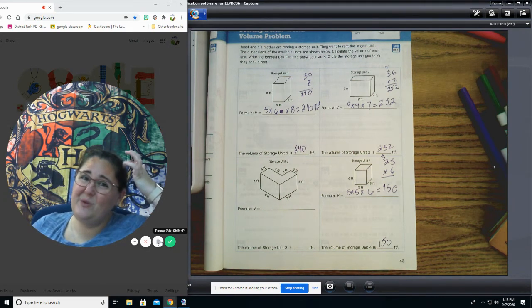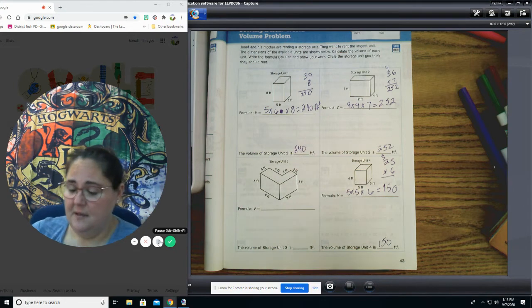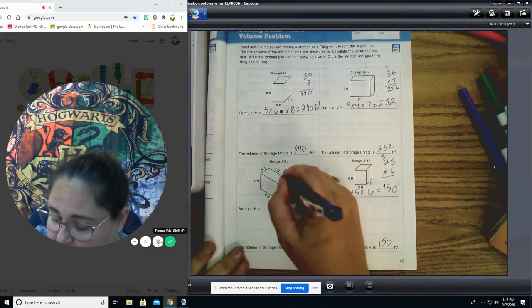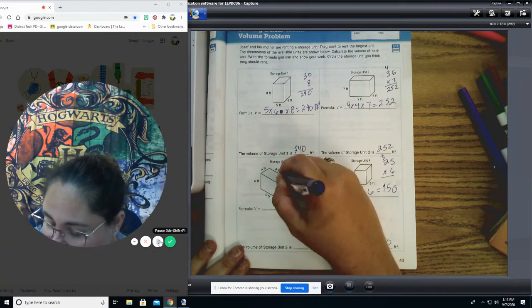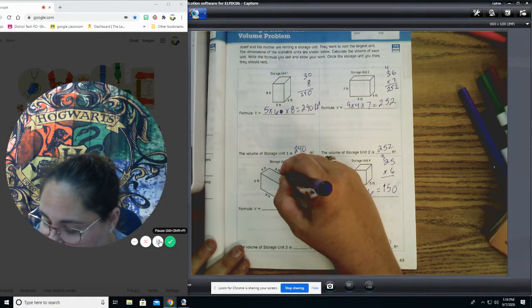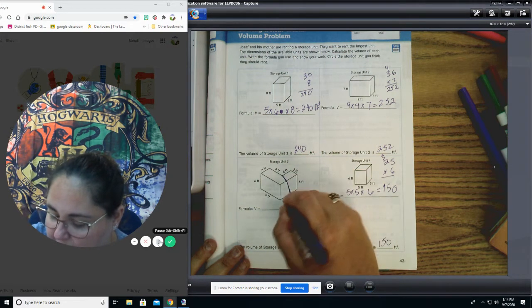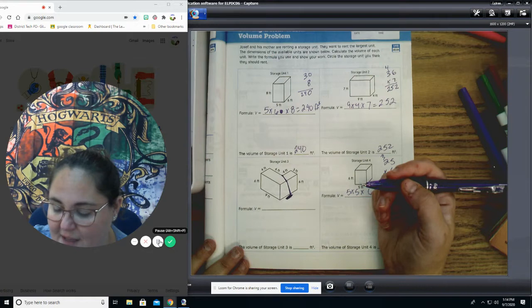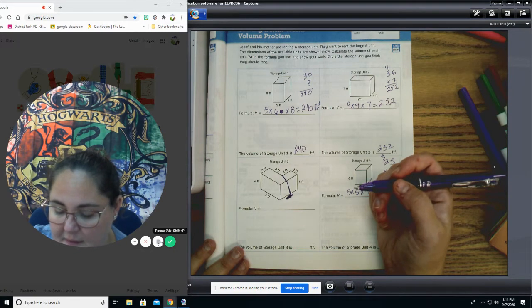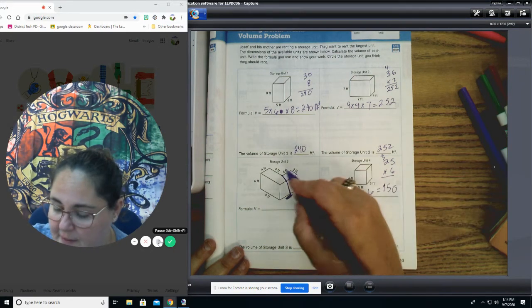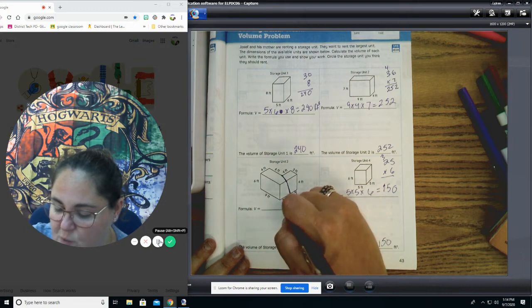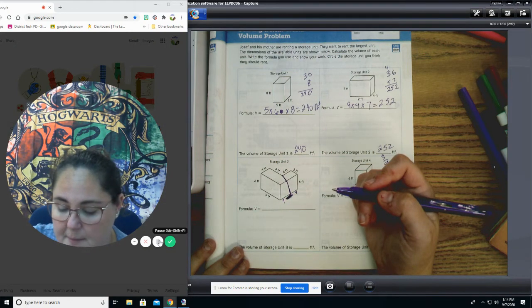You guys know how to do this. We did this last unit. So for me, I'm going to go ahead and cut it this way. If I cut it this way, that means I don't need this measurement anymore because I have it cut. That measurement's now gone. That means this side is 4 and this side is 4. Okay?